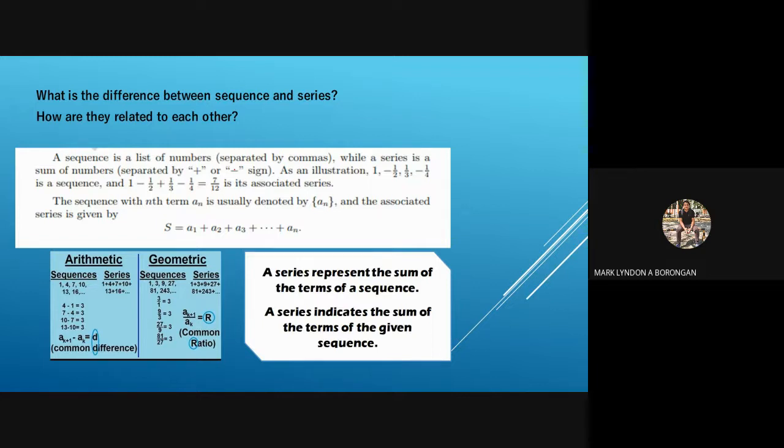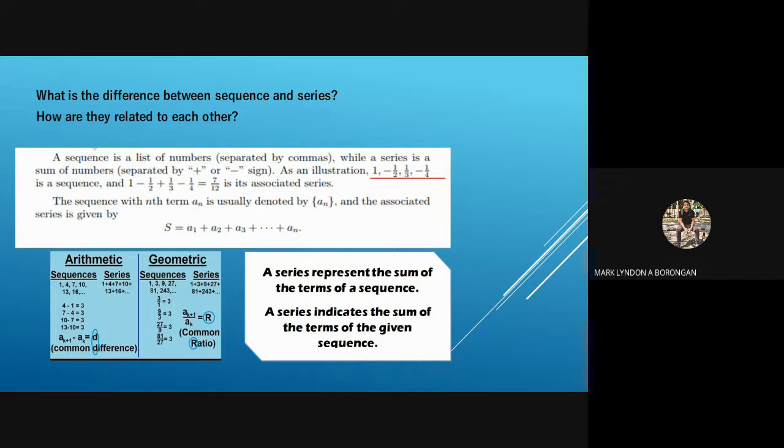For example, we have the sequence 1, negative 1/2, 1/3, and 1/4. This is called a sequence because it is separated by commas. Now, to get its associated series, all you have to do is sum them all up.